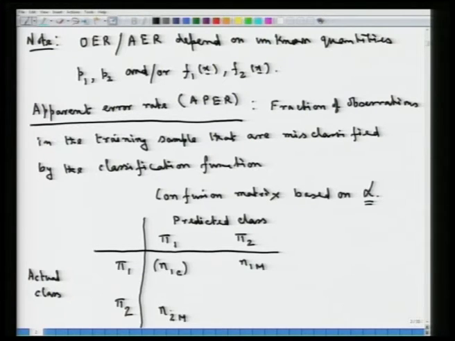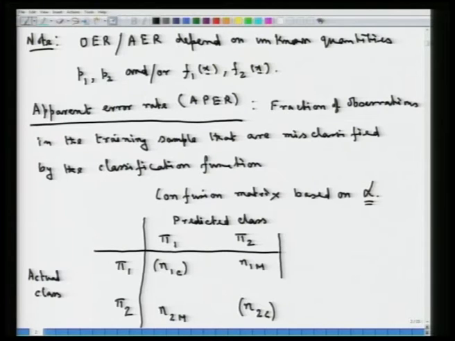N2M is the number of observations which actually belong to the second population pi 2, and by the classification function are getting classified into the pi 1 population, and hence these N2M observations are wrongly classified examples coming from the second population. And similar to this one, we will have a number N2C here, which is the number of observations coming from the second population and also being classified to belong to the second population using our classification function.